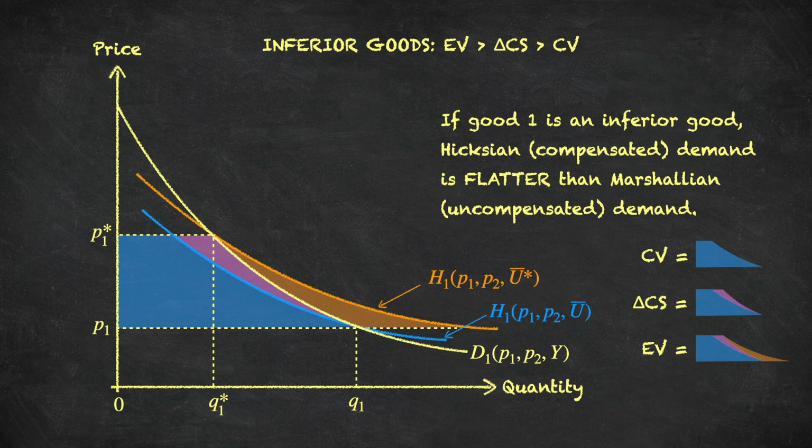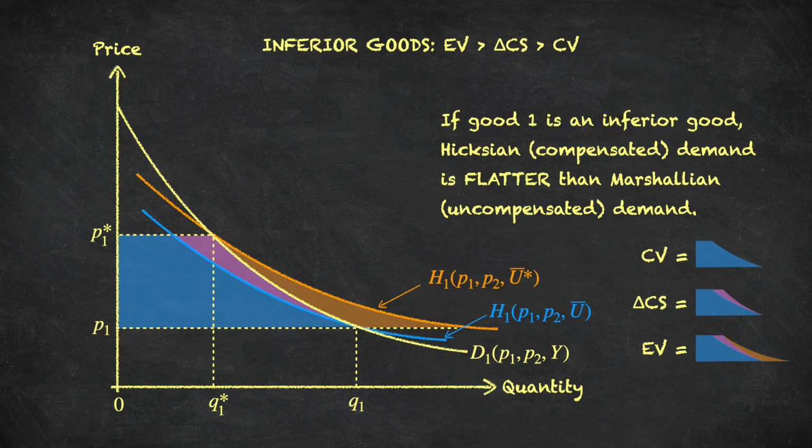Finally, we should note that the only reason that equivalent variation, change in consumer surplus, and compensating variation give different answers is because of income effects. They're factoring out income effects in different ways, or in the case of change in consumer surplus, not factoring out income effects at all. So the one case where all of these measures will coincide is for the particular class of preferences where there are zero income effects.